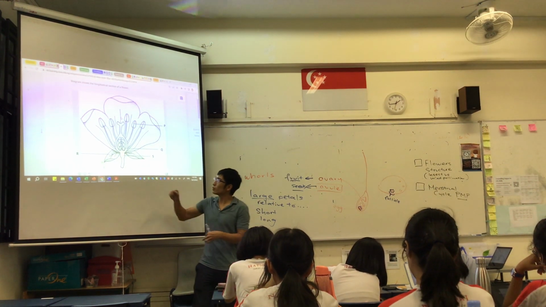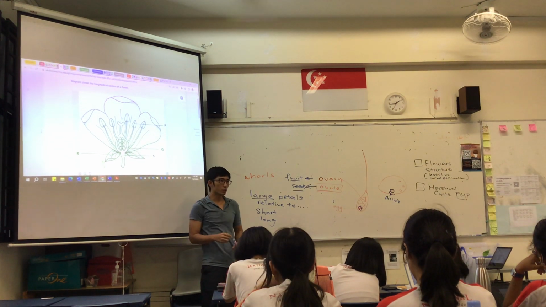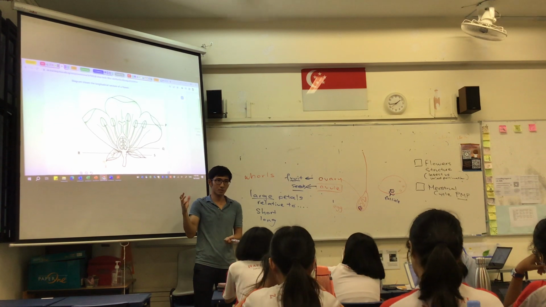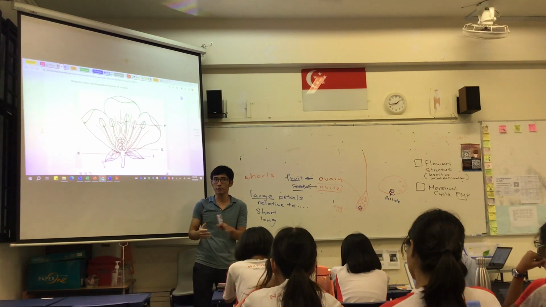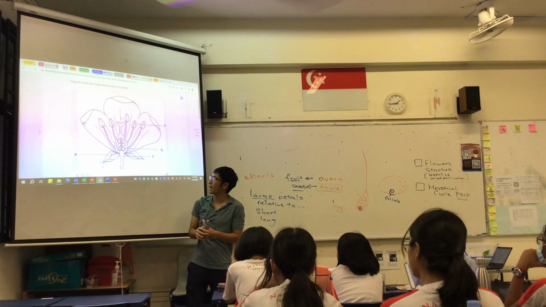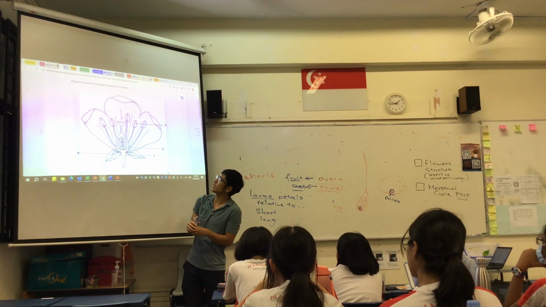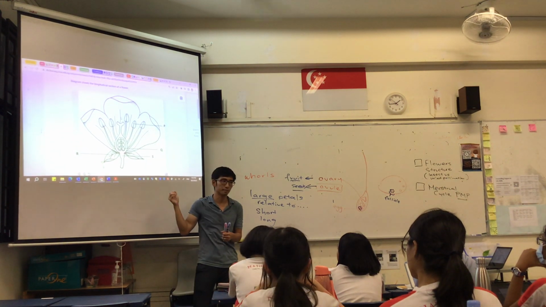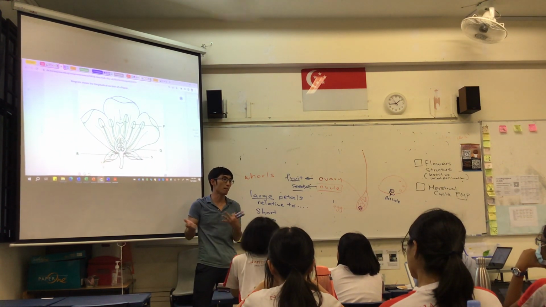Because while you say this is short, to a bacterium this is really long. Yeah? So relative to the other parts. So the stigma is short and compact relative to maybe the filament of the anther. Then it's easier to compare.